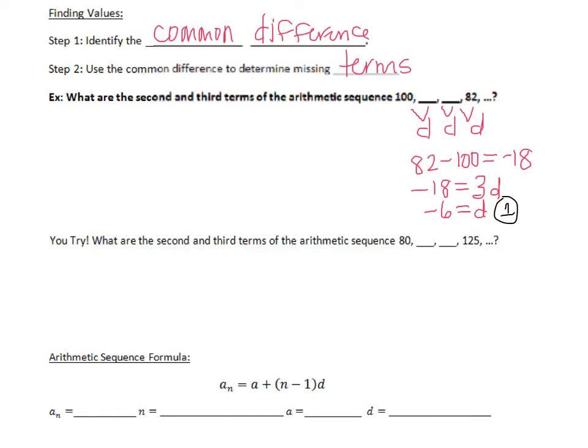So 100 minus 6 gives me 92. And then 92 minus 6 gives me 88. So my second and third terms are 92 and 88.